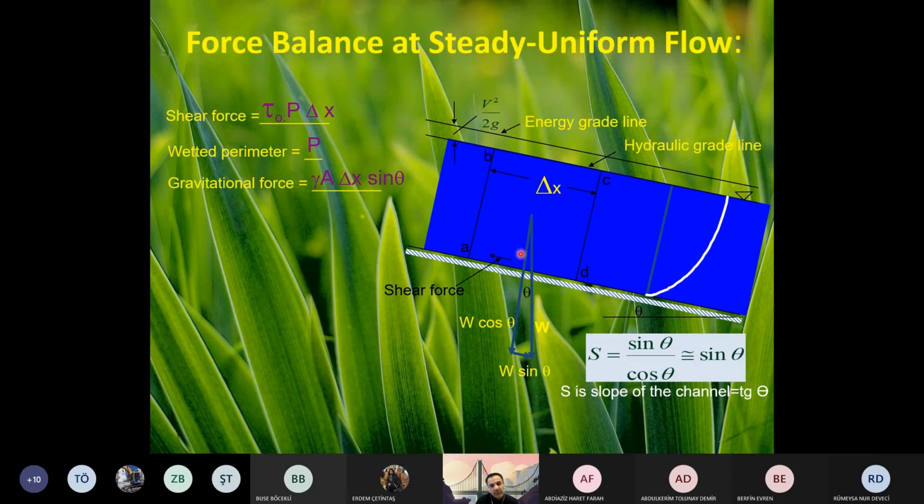So what is W? How do we calculate W? Okay, we know the gamma of water, and you know that gamma equals weight over volume. So we have this element, the length of the element delta x is at hand. The depth also is known. The distance from A to B, the distance from C to D is at hand.